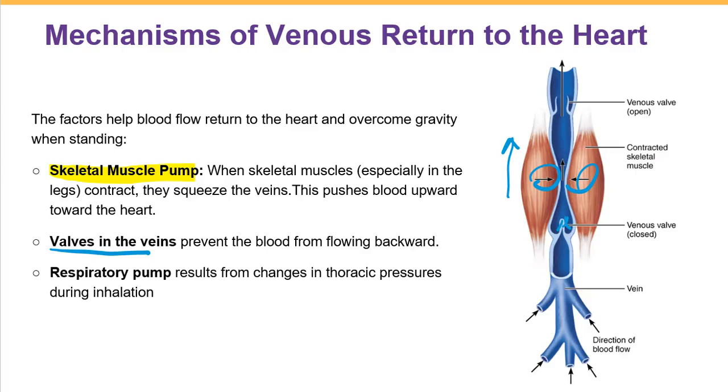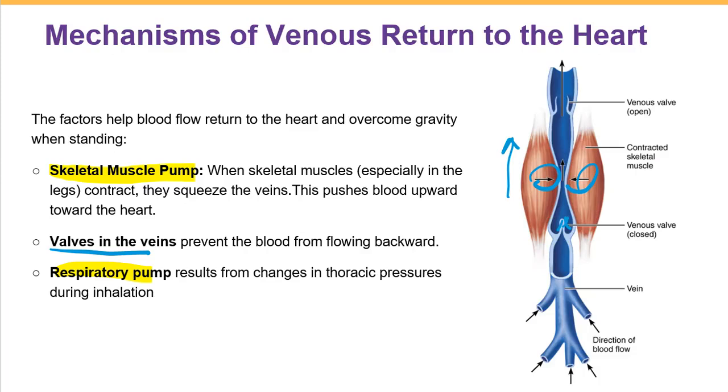And there is another factor which is important for blood flow from the abdomen to the thoracic veins, which is called the respiratory pump. The respiratory pump is the change in thoracic pressure during inhalation. When we inhale, our chest cavity size increases, so the volume of our thoracic cavity increases and the pressure decreases.